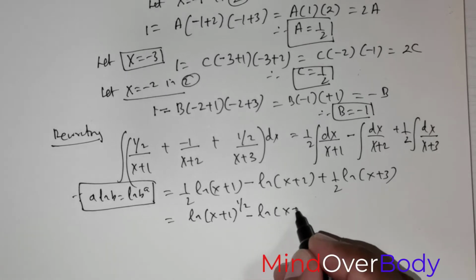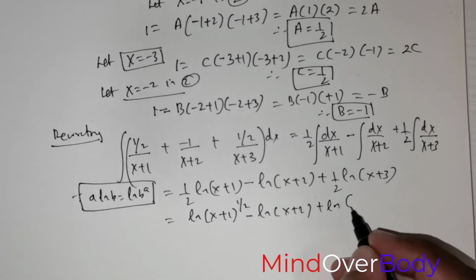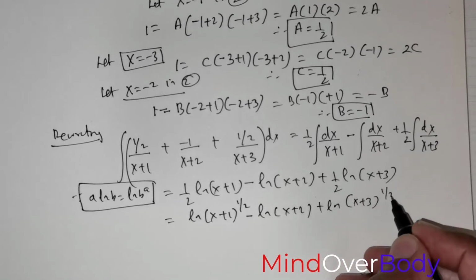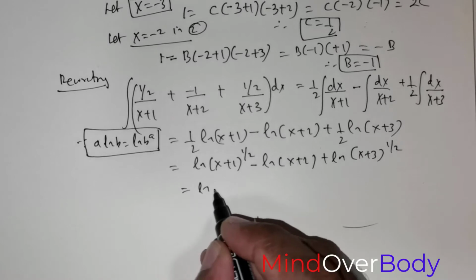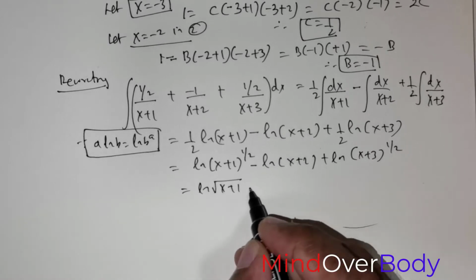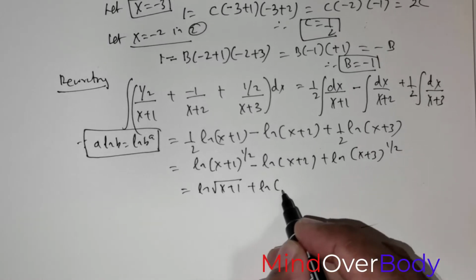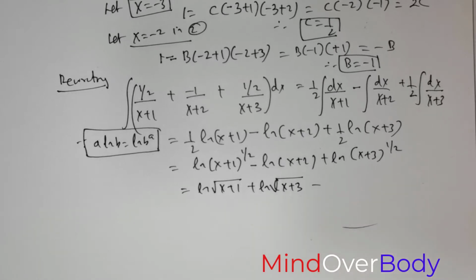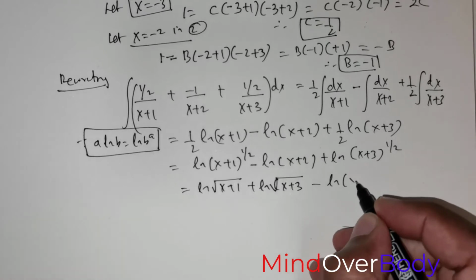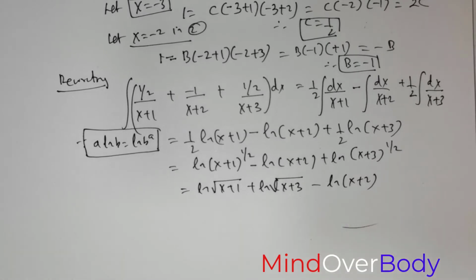This stays as it is. This is going to be ln of x positive 3 raised to the power of 1 over 2. So I've got ln root of x positive 1, followed by ln root of x positive 3, and I've got a negative ln of x positive 2. So this is what I have got.